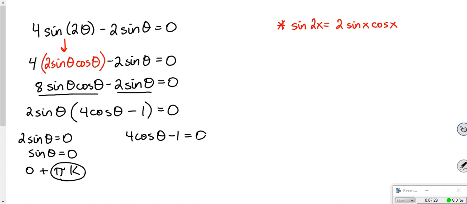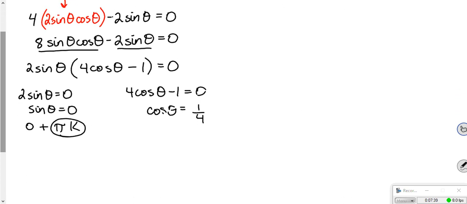And then this one over here is going to give us cosine theta equals 1/4. That one we're going to have to just poke in a calculator, but we need to remember that cosine is positive in the first quadrant and the fourth quadrant.